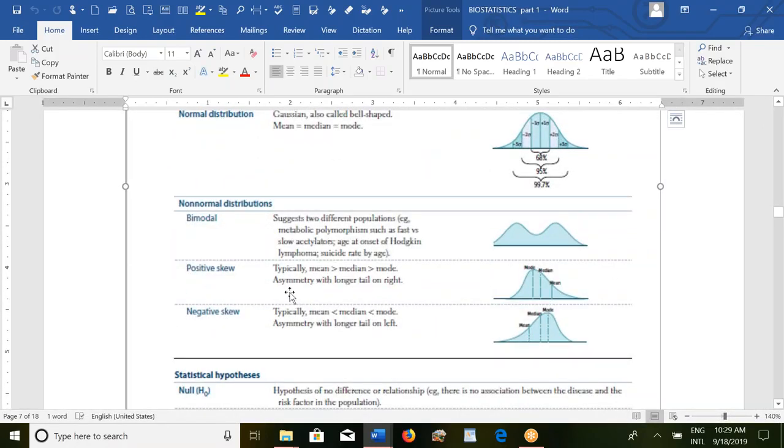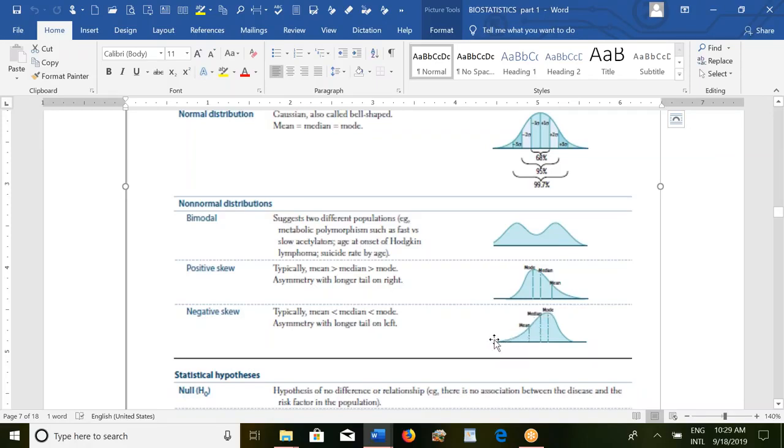So positive skew means the mean is greater than the median and the median is greater than the mode. Here the distribution of data is asymmetrical and the longer tail is on the right side. The two sides are not equal. Negative skew means typically the mean will be less than the median and the median will be less than the mode.